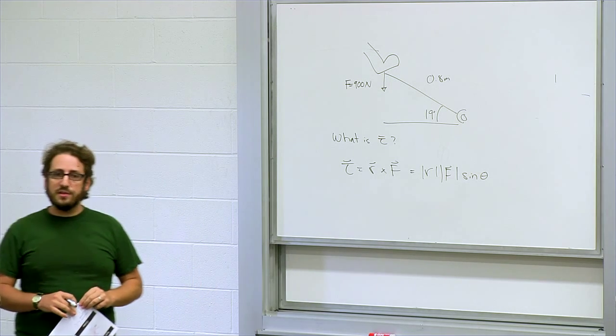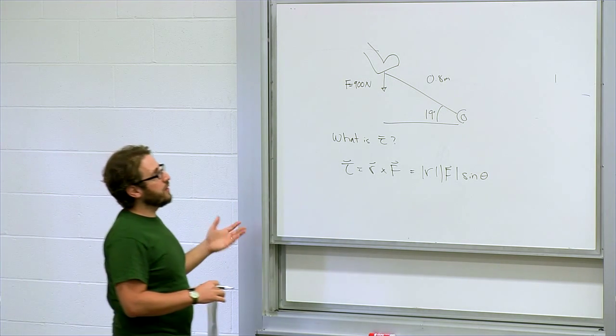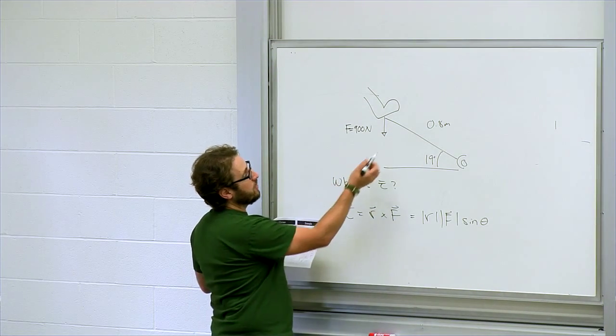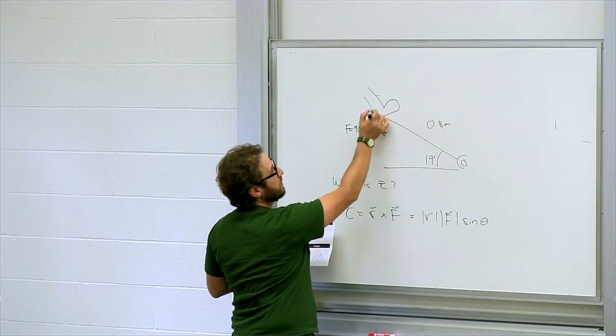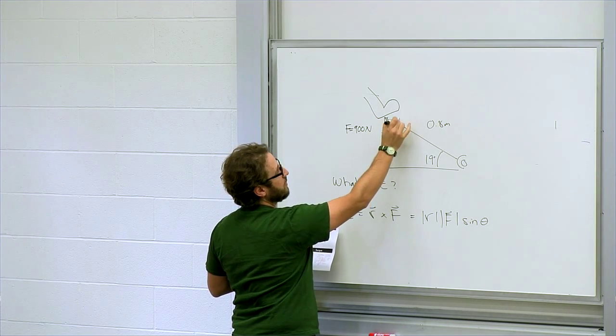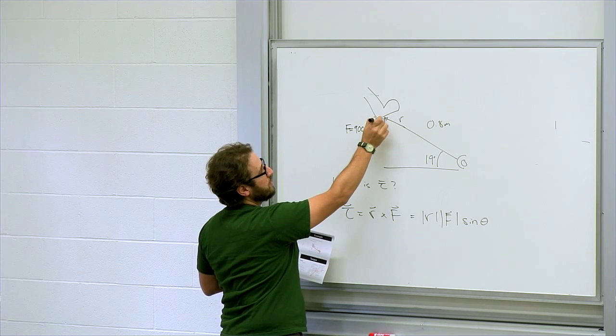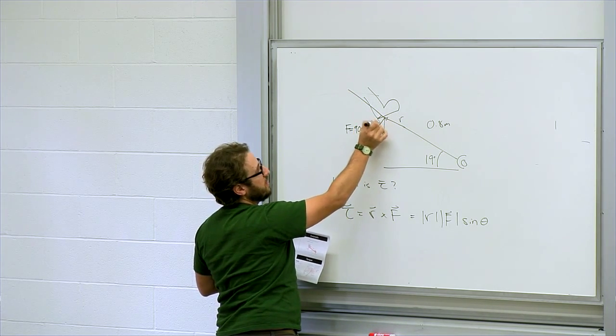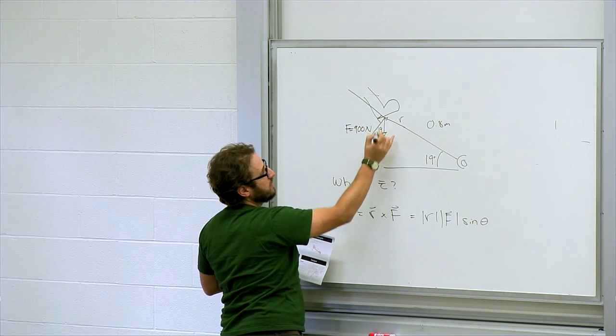Should I use 19 degrees? No. What angle do I need? I need the angle between R, which is this one, and this guy here, right? This is my R vector. And the angle between this one is going to be, so this is 90, and this one's going to be 19, right?